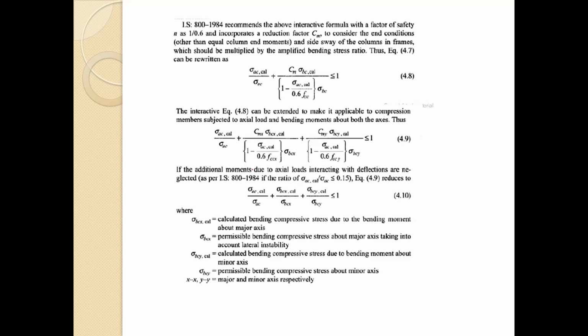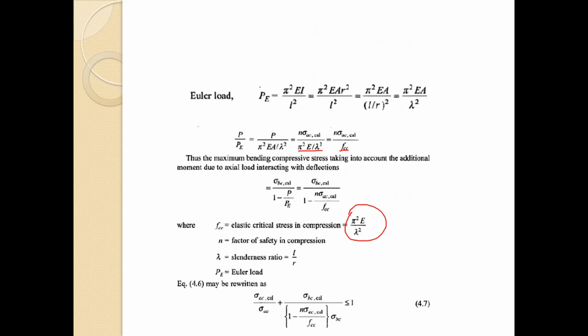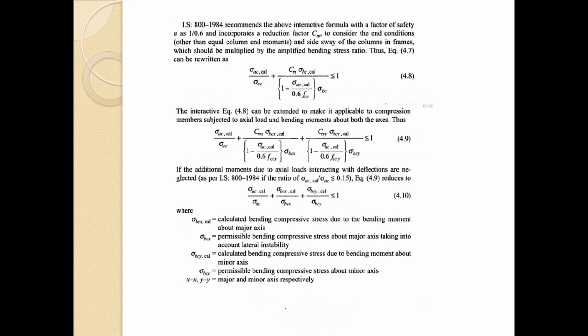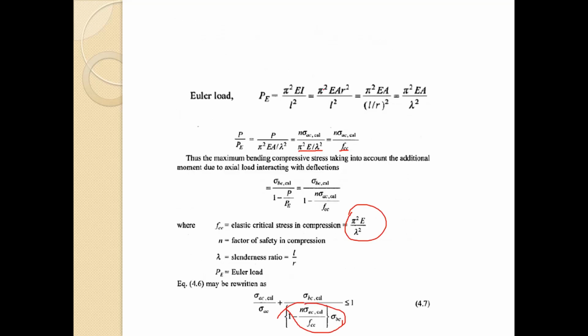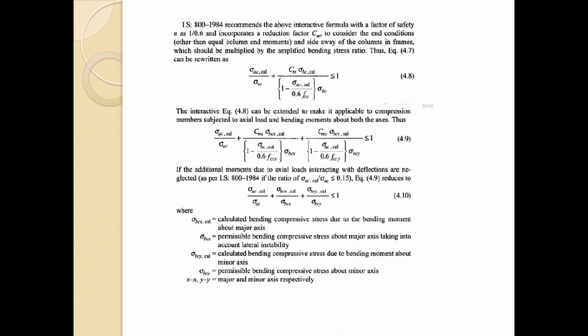Thus equation 4.7 can be rewritten as sigma AC calculated divided by sigma AC, plus, modifying this again, Cm sigma BC calculated divided by 1 minus sigma AC calculated divided by 0.6 FCC into sigma BC. So you are taking n as 1 by 0.6.